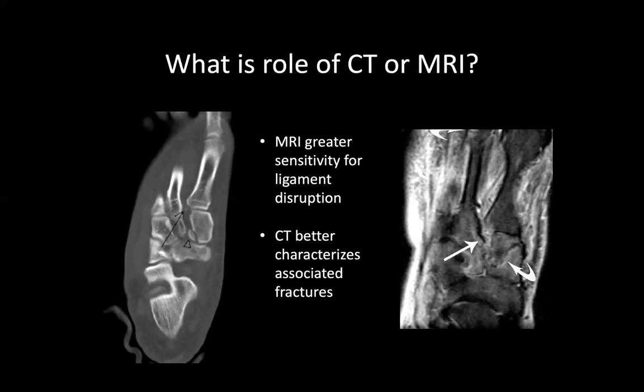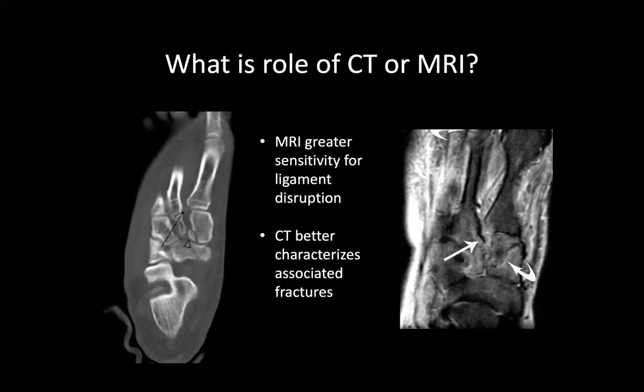CT scanning is nice. It's just a little easier, more practical to usually get. The findings are simple, that any orthopedic surgeon could see the fractures that are present. But it's only going to get fractures, and you're only going to see subluxations that are present without stress. So it's not going to be as sensitive for those injuries that have no displacement without load.